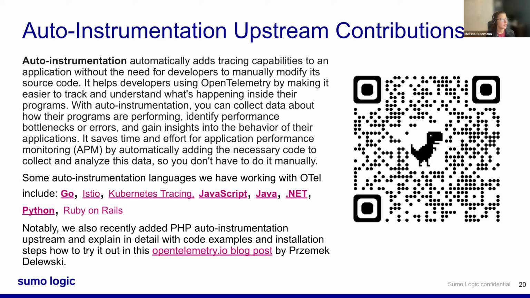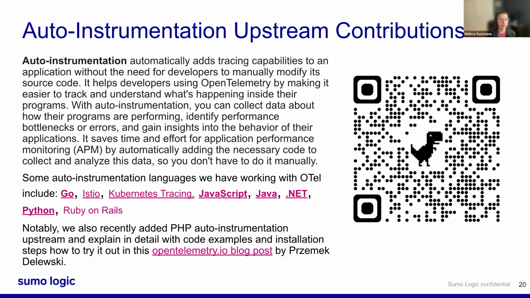You can collect data about how your programs are performing, identify performance bottlenecks and errors, and gain insights into the behavior of applications. So it saves people time. I remember that some folks gave me numbers like something that took them maybe several hours. I think we used to have labs that took like 8 hours to set up manual instrumentation.